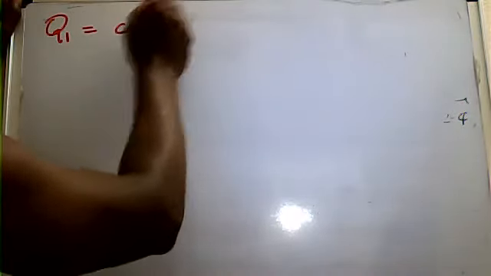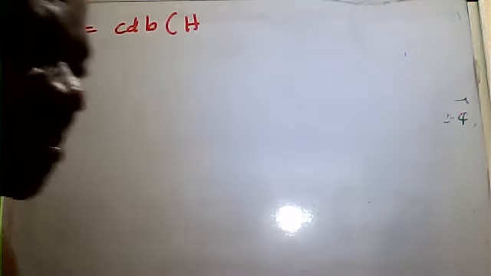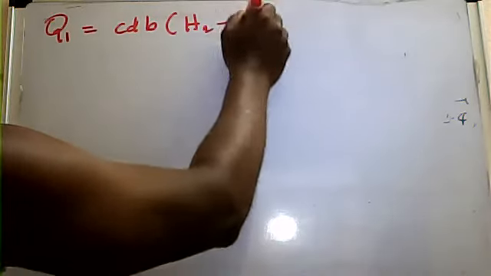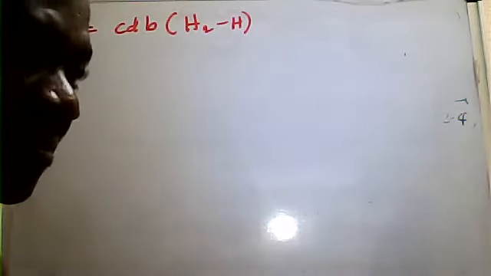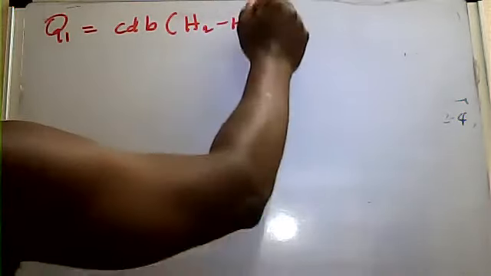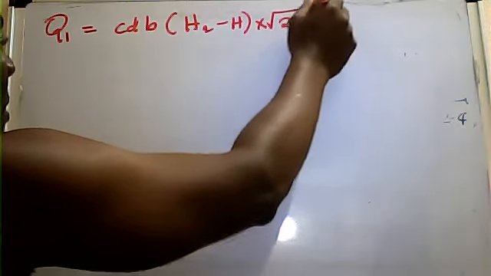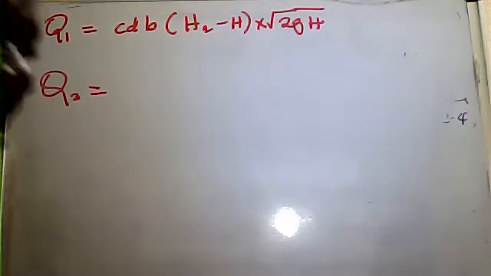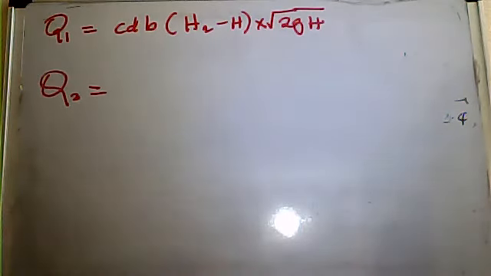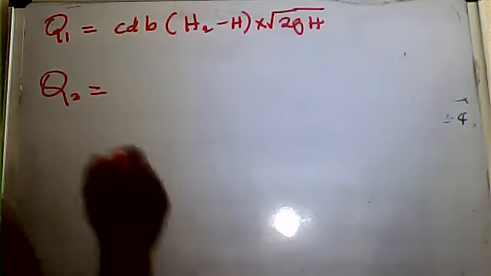What about the portion which is free? Q2. What is the formula for Q2? I'm going to put it like this. First, let us put Q1, which is CDB (H2 minus H), then 2gH. For flow free to air, the formula is not the same, it's similar.